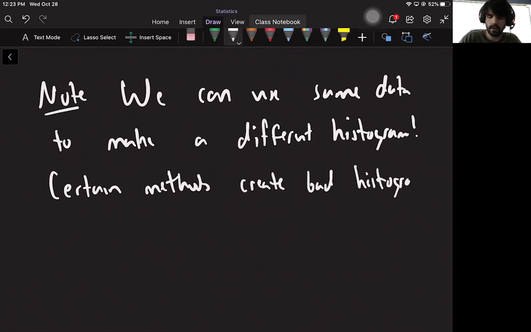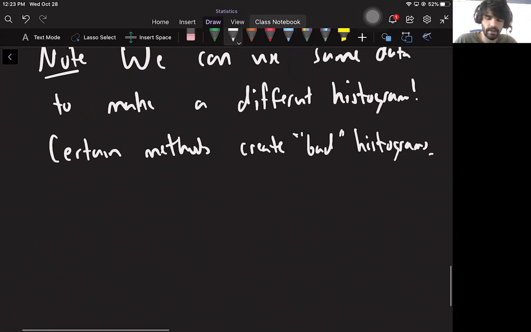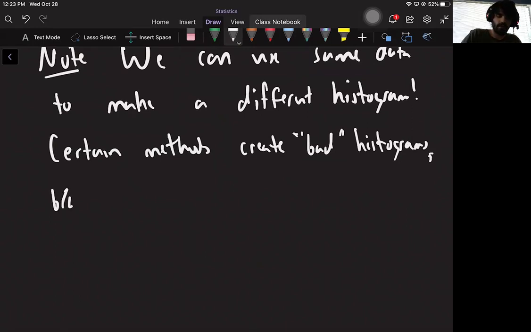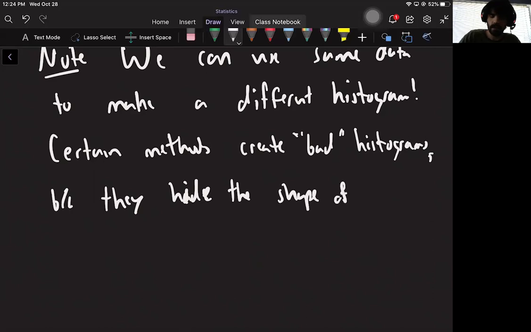You'll see these a lot on the internet when people want to misinform you. They'll use badly created histograms to try to trick you into seeing certain things. They're really bad because, to be more specific, they hide the shape of the data, meaning the center and the spread.